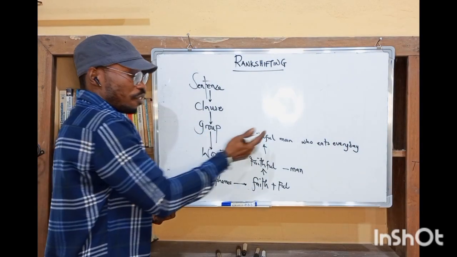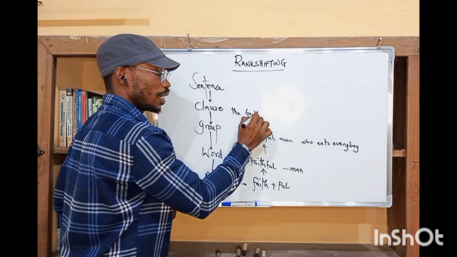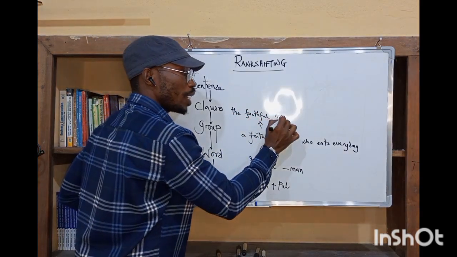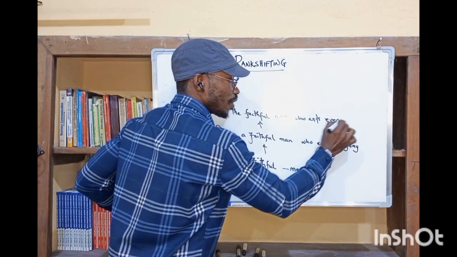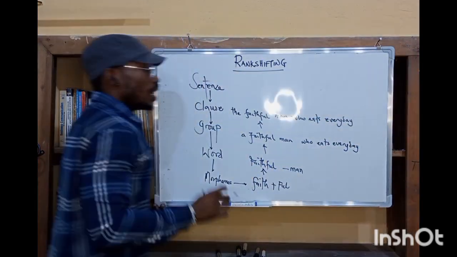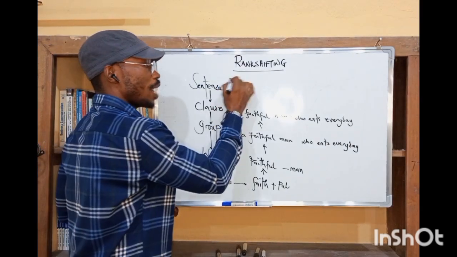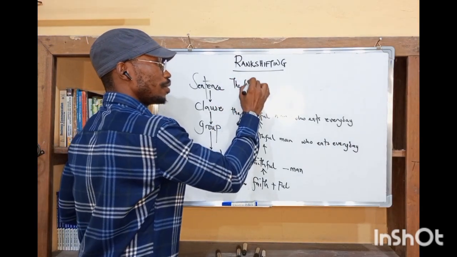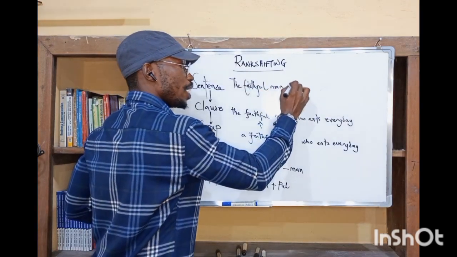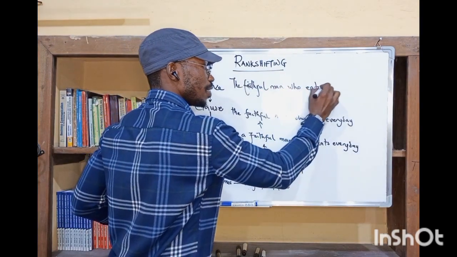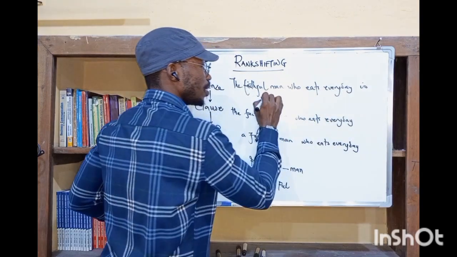So we can make this a definitive article: the faithful man who eats every day. Then this can be added to another clause to make a sentence, where we have: the faithful man who eats every day is my father.